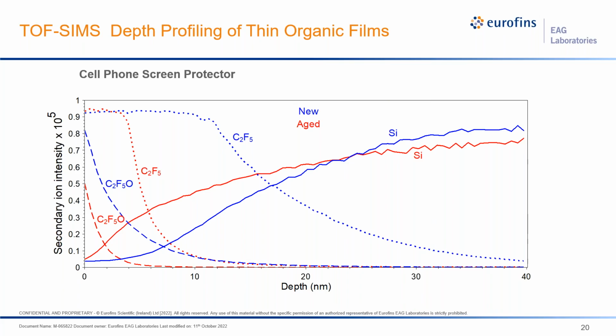And the last application illustrates how the near surface of a sample can be accessed by depth profiling. Cell phone screen protectors are generally made out of plastic with a thin oleophobic coating to prevent fingerprints. Two cell phone screen protectors were analyzed, a new one in blue and an aged one in red.